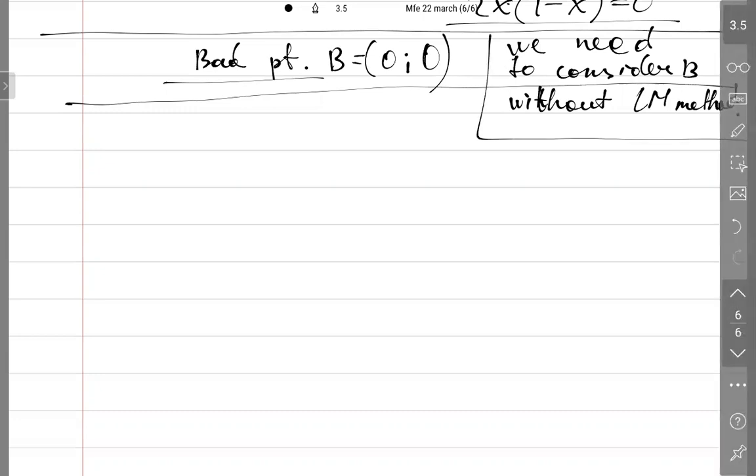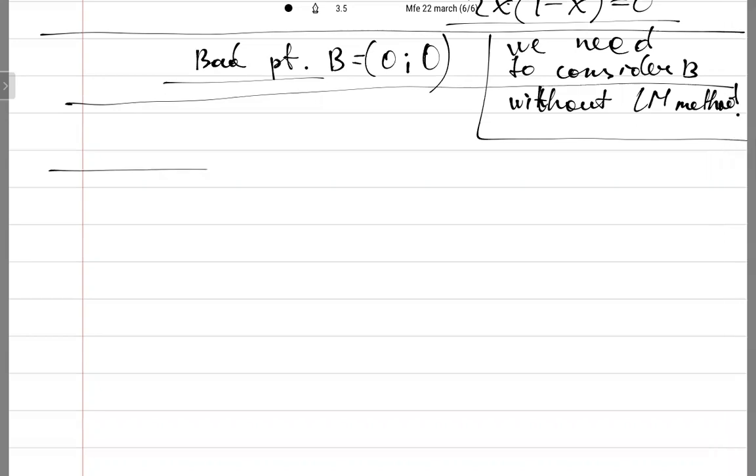So maybe the maximum is in B, when the monopolist should not produce. So maybe the optimum is there.